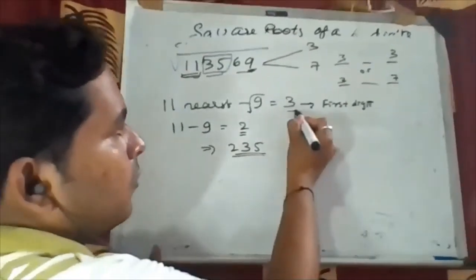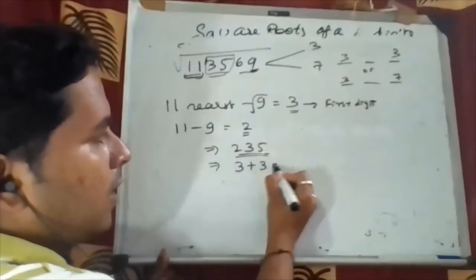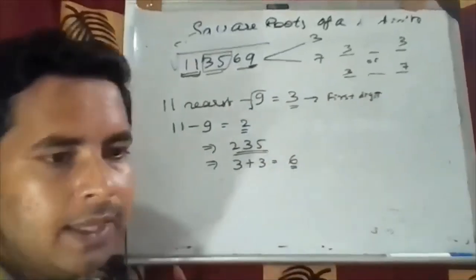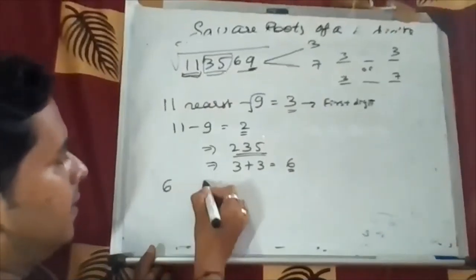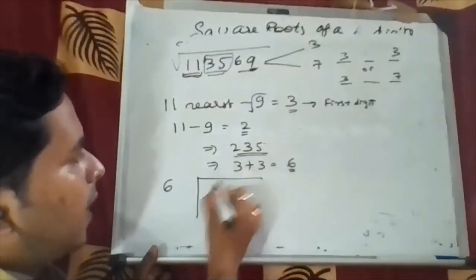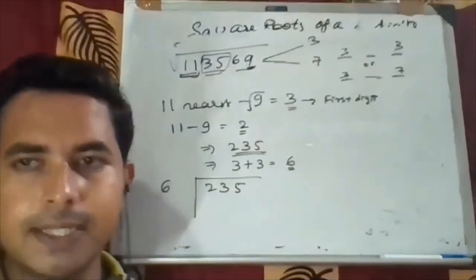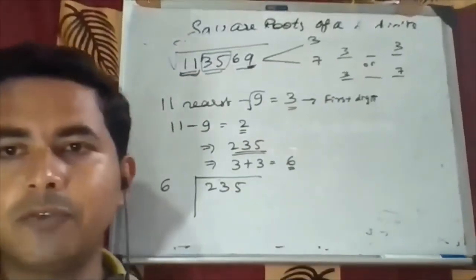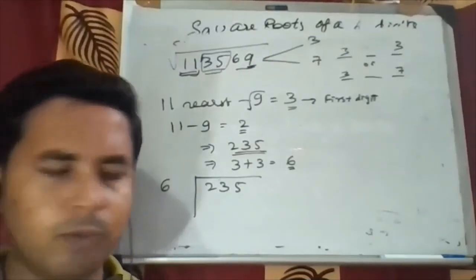Now what is the first digit? 3. I'll add that: 3 plus 3 is 6. Now I'll take this 6 and 235, and I'll find a number in such a way that my 235 should get divided. If it gets a remainder, no problem.